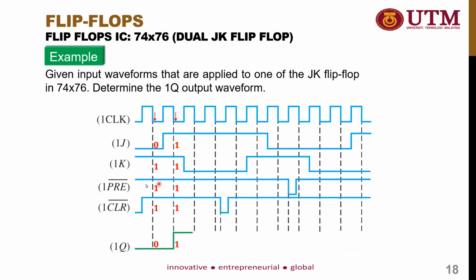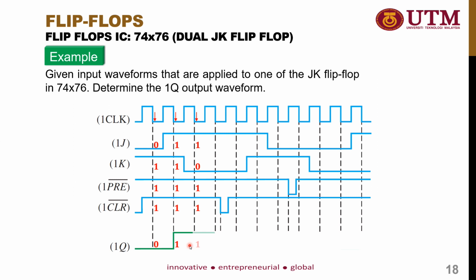And then we observe the PRE bar and CLR bar again on the next falling edge. It's still set to 1, so it is still entering the basic JK flip-flop mode. Right now the value of J is equal to 1 and the value of K is equal to 0, so it means that the flip-flop is in set mode.